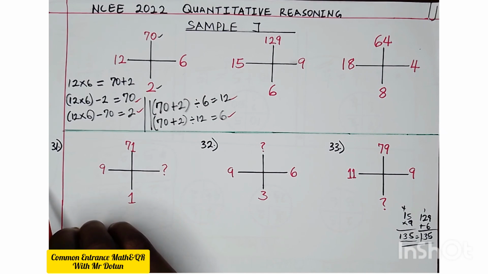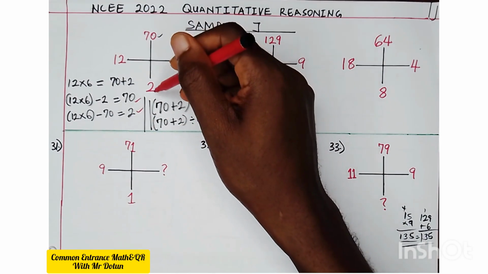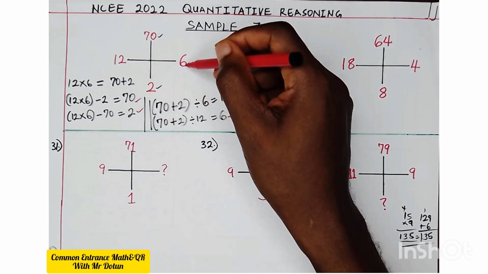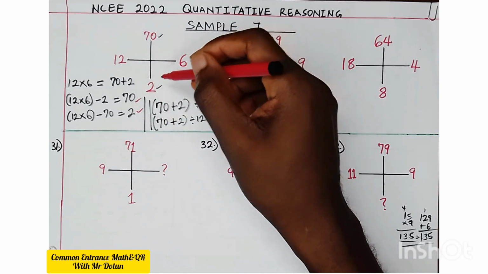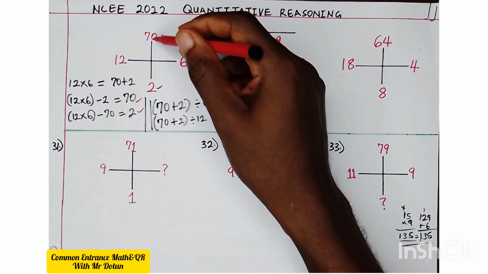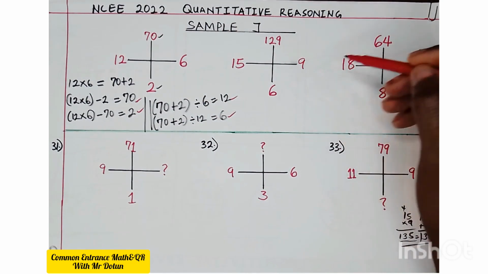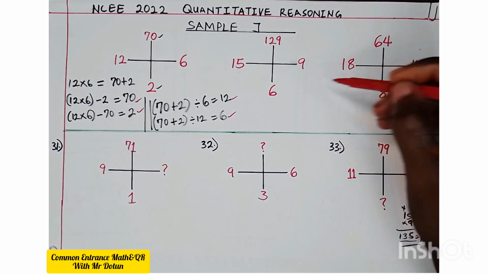I was able to discover the balance with different operations now. We use addition here and we use multiplication. So if we do 12 times 6, we have 72, and we do 70 plus 2, we have 72. And remember, I was able to confirm it with the two other patterns.